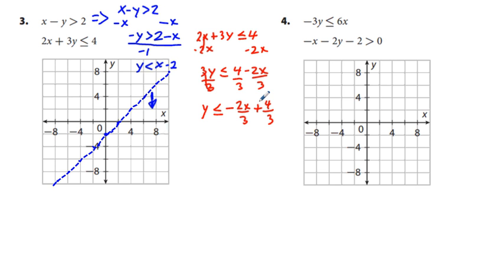And our y-intercept is 4/3, which is a little bigger than 1, so I'm going to go right up here, just a little over halfway. And our slope is -2 over 3. So we go down 2 and 3 to the right. It'll look like this. And then I'm going to go the opposite direction, up 2 and 3 to the left.